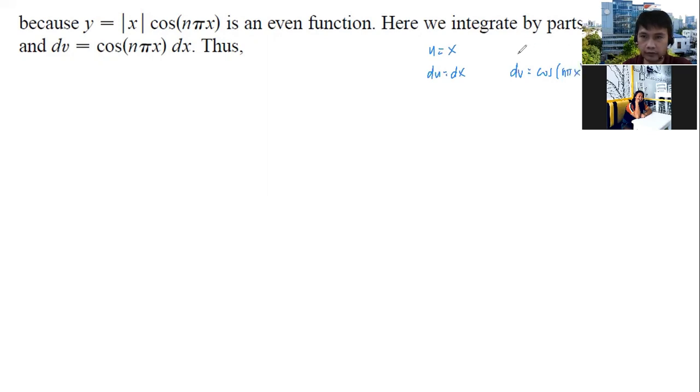So the result for our v would be 1 over n pi sine n pi x. So our function is 2 times the integral from 0 to 1 of x cosine n pi x dx. We need to use integration by parts: the integral of u dv equals uv minus the integral of v du.